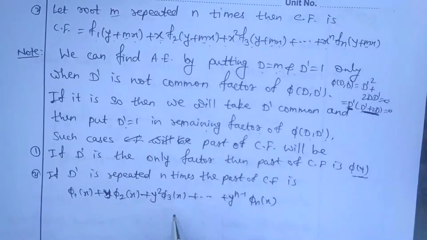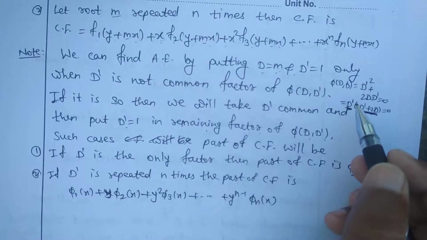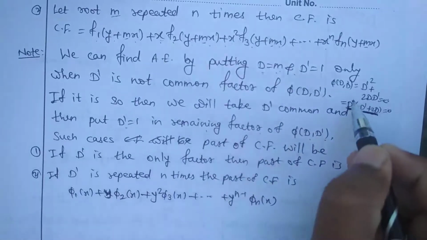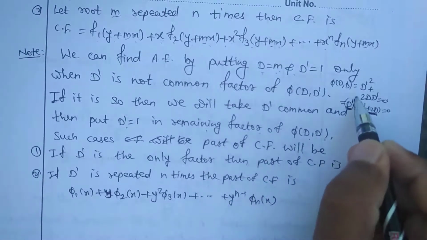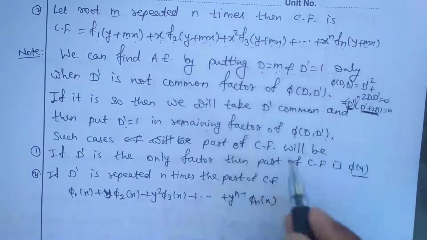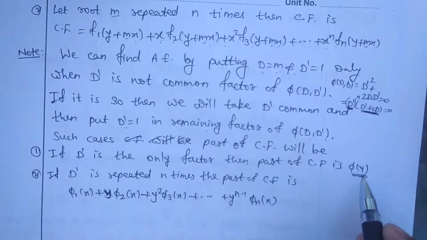And if there are multiple D dash factors which are common, that means if D dash is repeated n times, so we get D dash raised to n as common, then we have to add n number of terms which are functions.